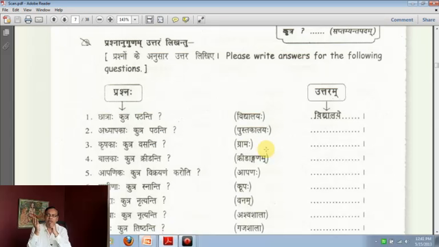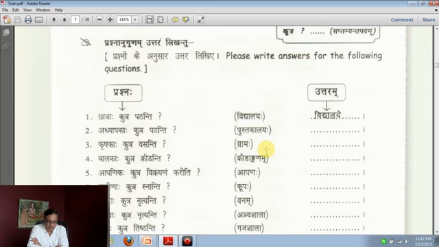Pustakalaya, Granthalaya, Devalaya, Vidyalaya, Vidya alaya. Vidyayaha alaya. It's a temple of learning. Devalaya, Devasya alaya. Granthalaya, Grantanam alaya. Pustakanam alaya. Alaya means a house of books, library.